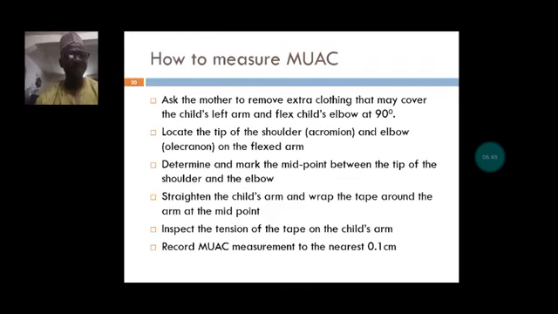Let us see how we measure MUAC in a baby. We ask the mother to remove extra clothing that may cover the child's left arm and flex the child's elbow at 90 degrees. We locate the tip of the shoulder, acromion, and elbow, olecranon, on the flexed arm, and determine and mark the midpoint between the tip of the shoulder and the elbow.